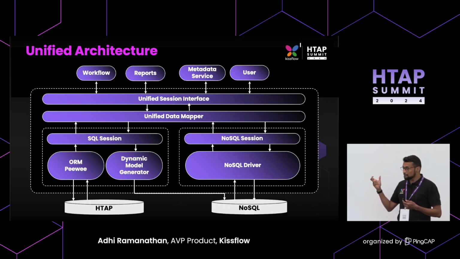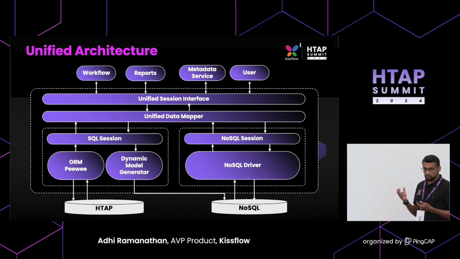And beneath that, we have an SQL session. In that SQL session, we use PV as an object ORM, which is an object relational mapping. Again, for ORM, we dynamically generate the model, because again, due to the dynamic nature of our platform, we cannot generate the models statically. So we generate models on the fly.